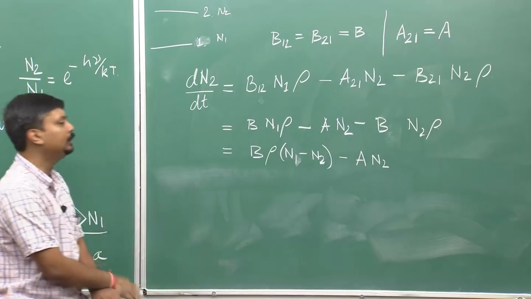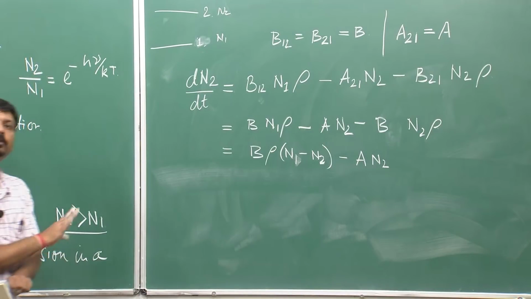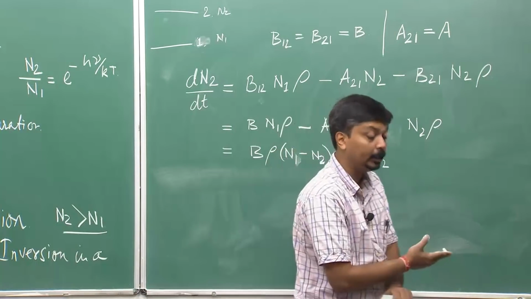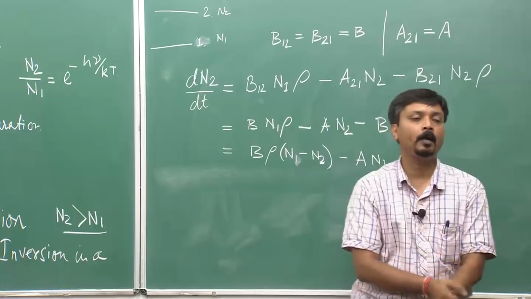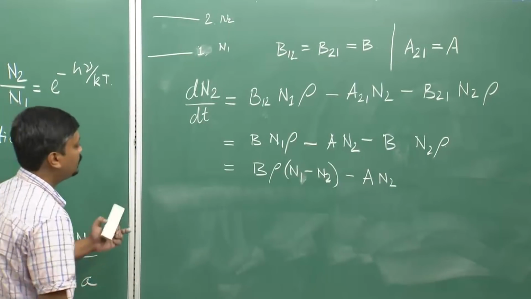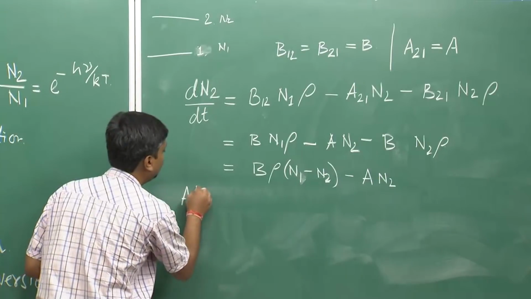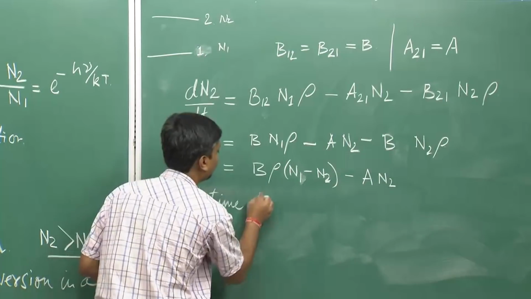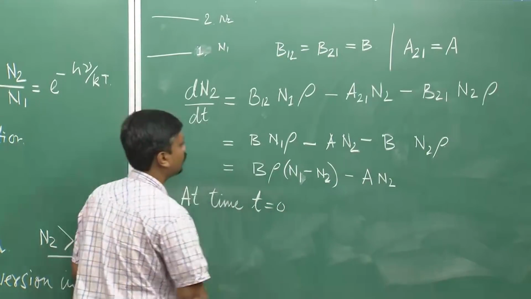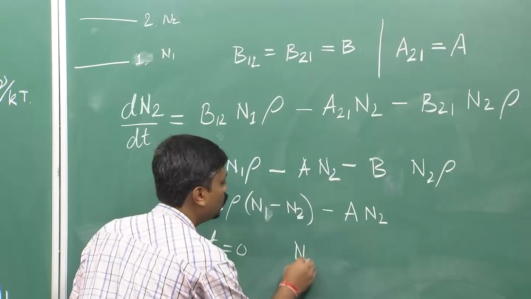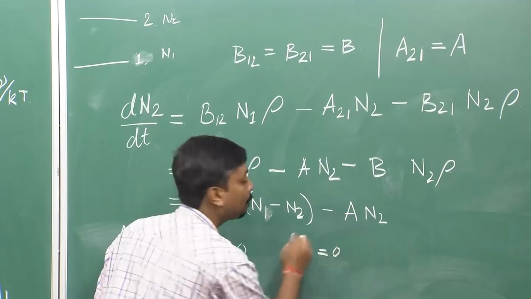Now, this is a differential equation and we need to solve it. So, what are the conditions that we have in our hand so that I can solve this one? At time t equals 0, my N2 is equal to 0.